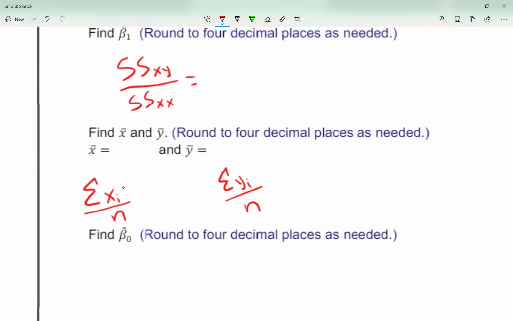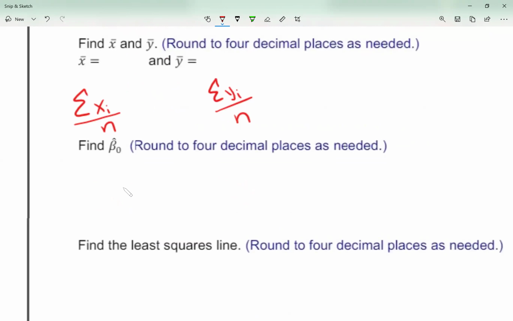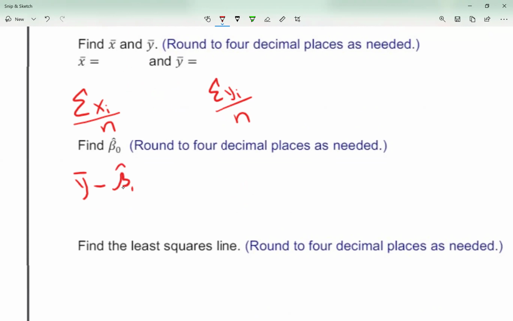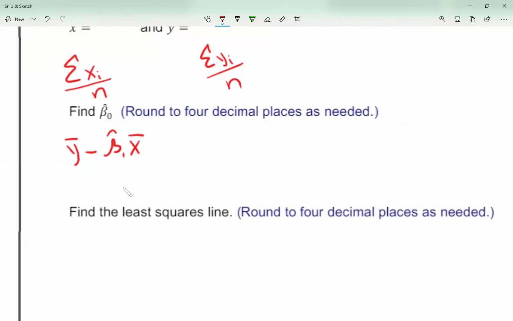Now my beta 0 is going to be my y bar, my average of the y's, minus my beta 1 times my x bar, okay? And then I'm going to use the values to find the least squares line.